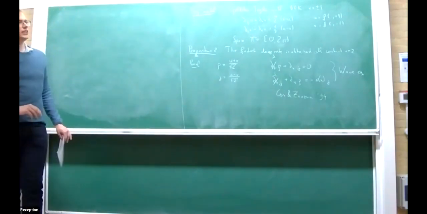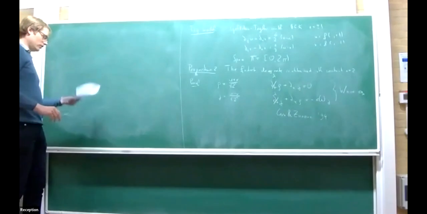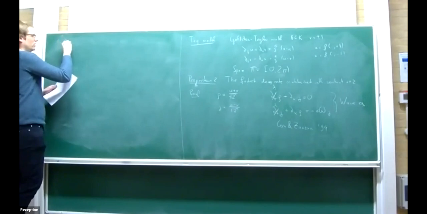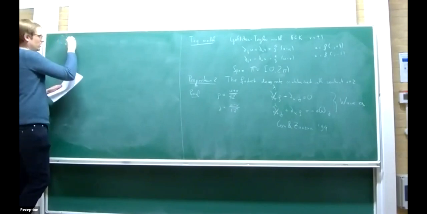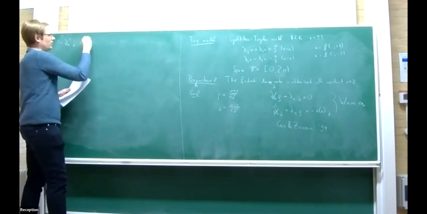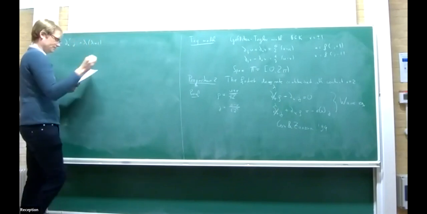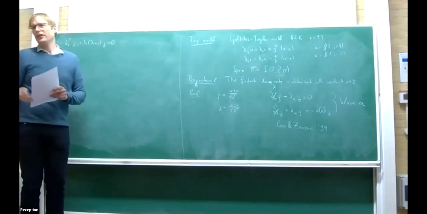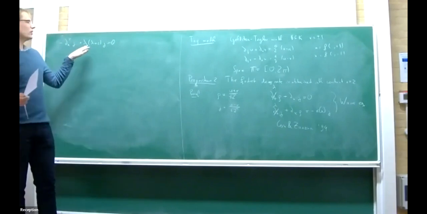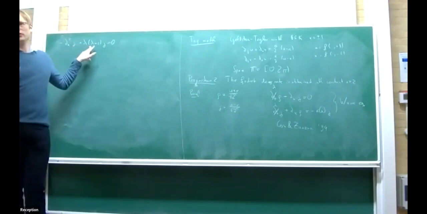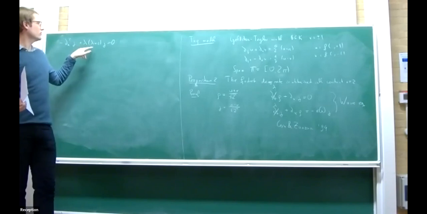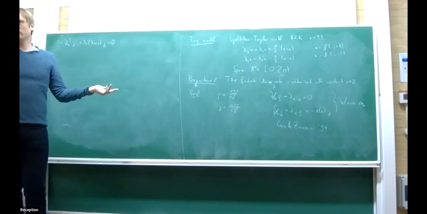Now I have just an equation in dx, and that's really just this simple equation: minus dx squared J plus lambda times lambda plus sigma J. So there's nothing really happening. This is just the eigenvalue equation for our equation. So if for certain lambda I have a non-trivial solution for this equation, then this is my eigenvalue.